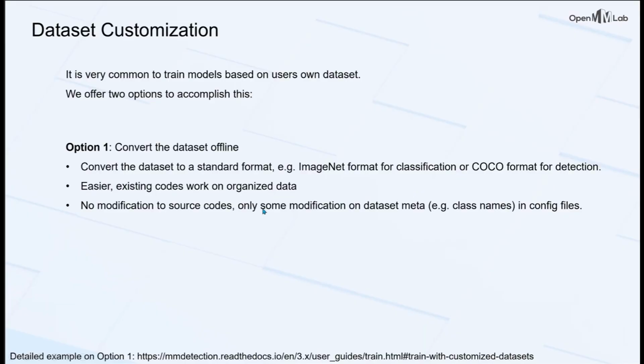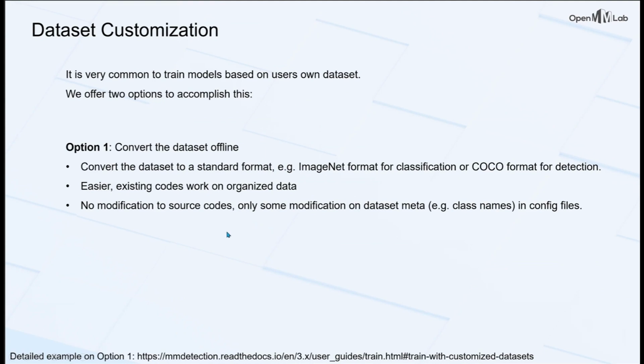This method is usually easier. Once you have organized the data set, existing code can directly read and parse the data. We only need to modify some meta information in the configuration file, and you don't need to modify the source code.